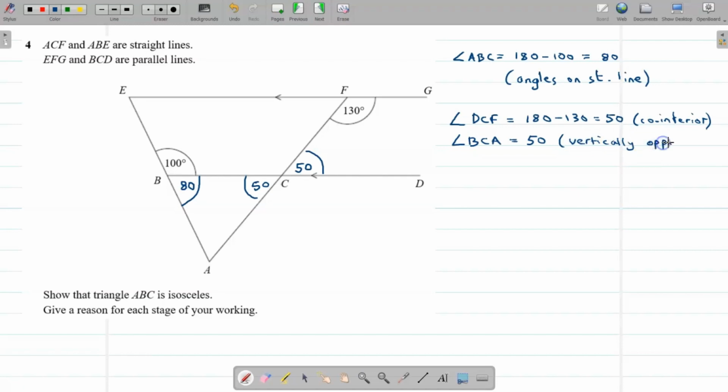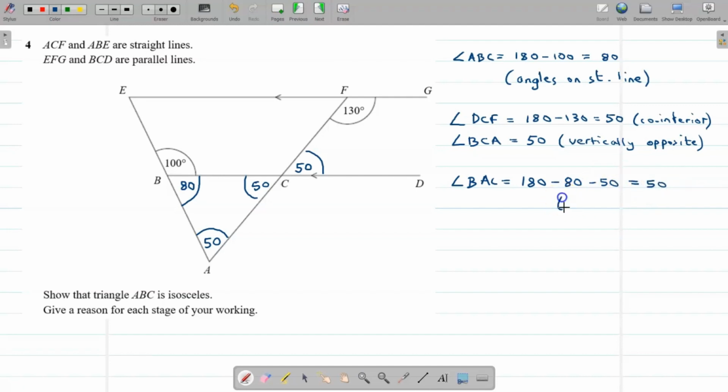Okay, and we're nearly there because I've got to find one more angle in that triangle. Well, it should be the same as one of the other two to prove that it's isosceles. So I'm just going to say that angle BAC, which you can see would also be 50. Okay, and that's what we need. But why is it 50? Well, angle BAC is 180 minus 80 minus the other 50, which is equal to 50.